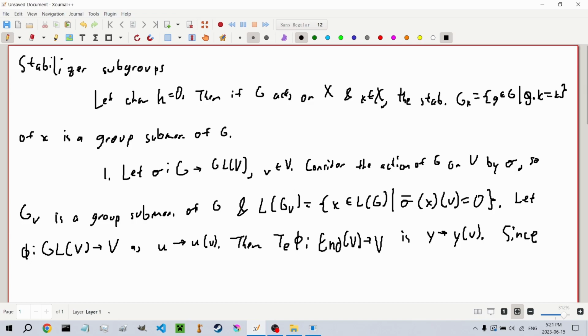I forgot v was named, these aren't arbitrary, this is a function. Since the tangent at e of our group submanifold G_v is the kernel of the tangent at e of phi composed with sigma, being the kernel of the composition of T_e of phi and sigma, we are done.